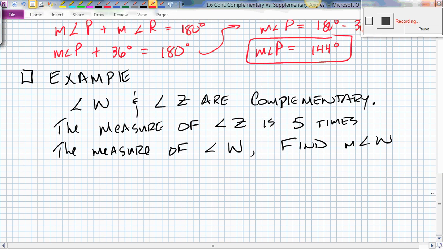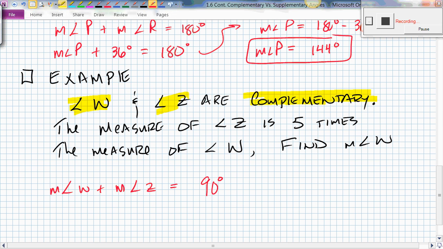Okay, last example here. It's telling me that W and Z are complementary. So that means that the measure of angle W plus the measure of angle Z must be 90 degrees.